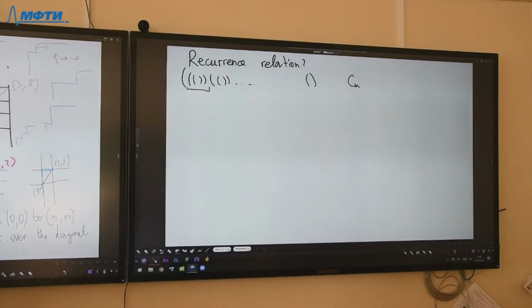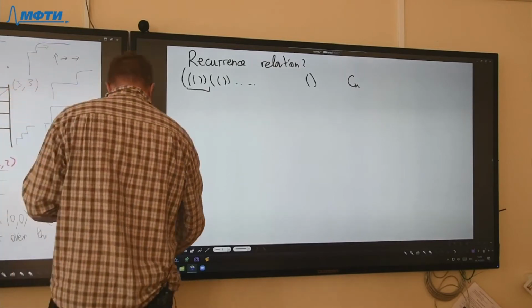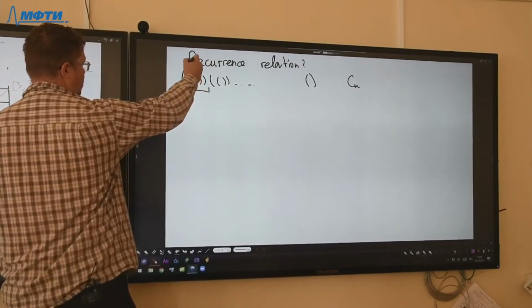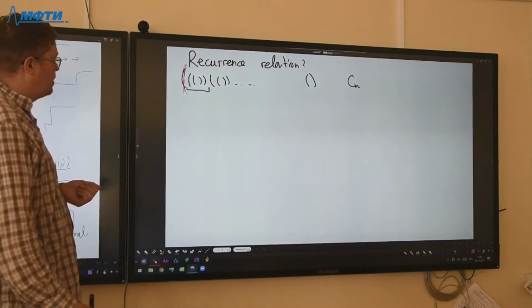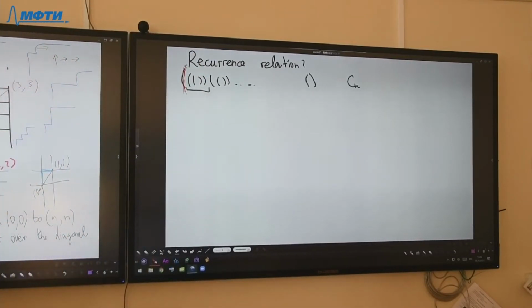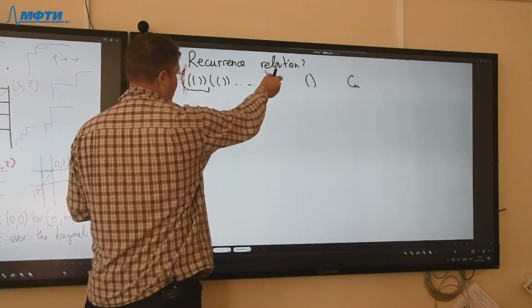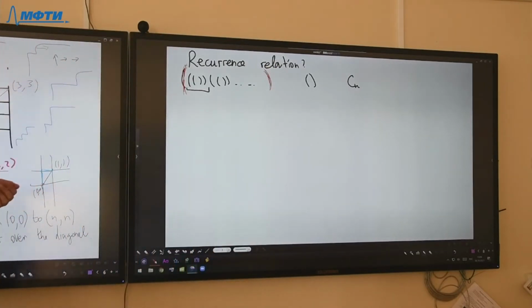But how can we combine the structures? Let's look at the first open bracket. We know that if it is a correct sequence, then somewhere here this bracket will be closing.